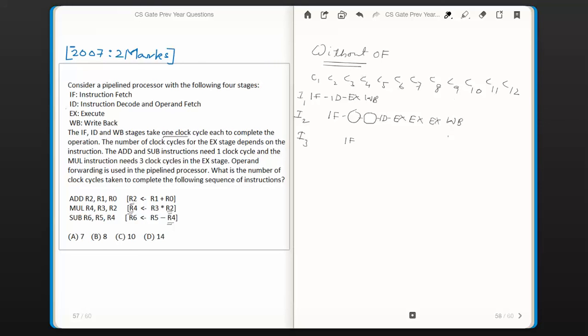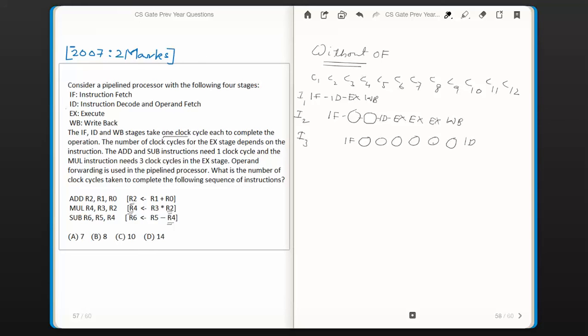So only after C9 we can actually schedule the ID stage, that is instruction decode and operand fetch of the third instruction here, right? And all these cycles, the third instruction would just be waiting.